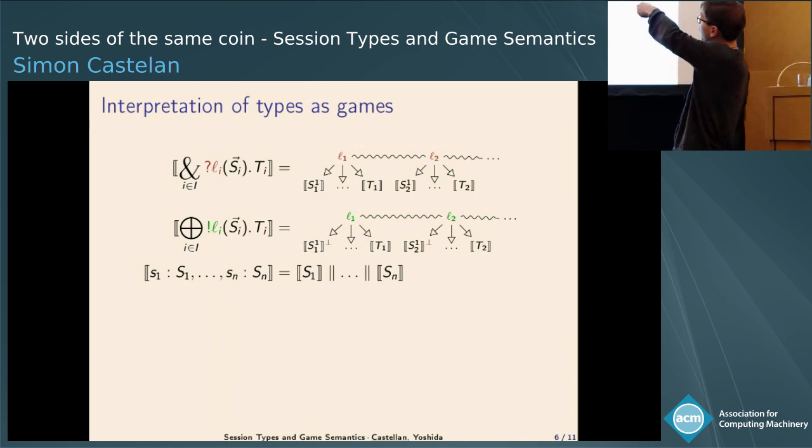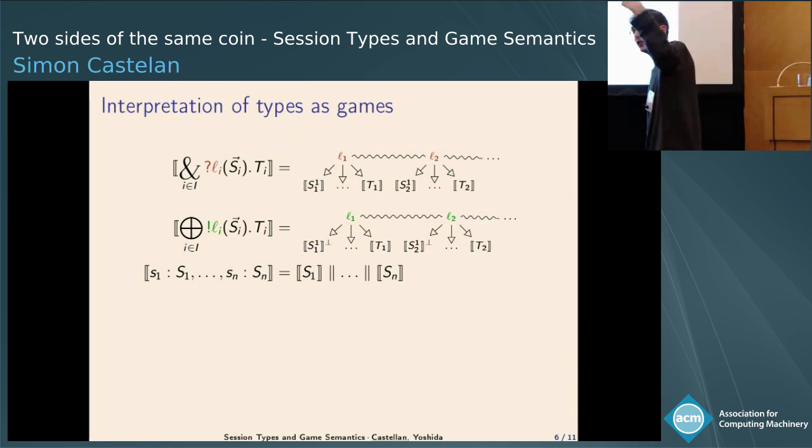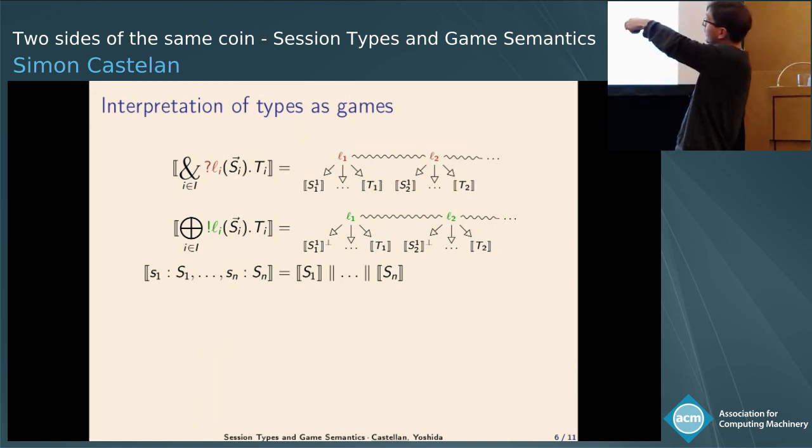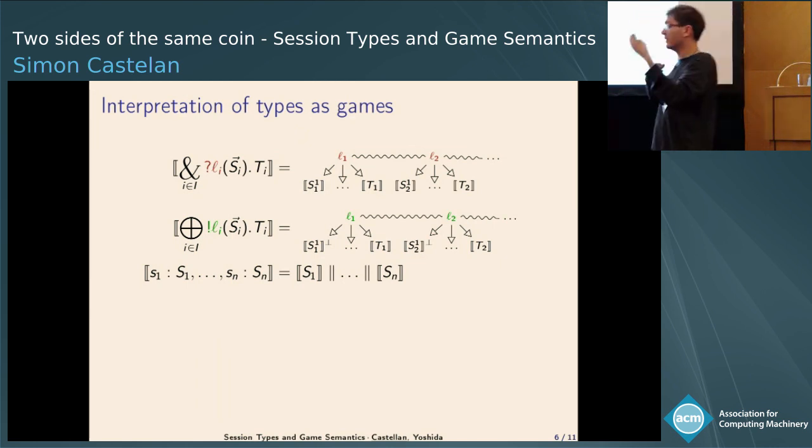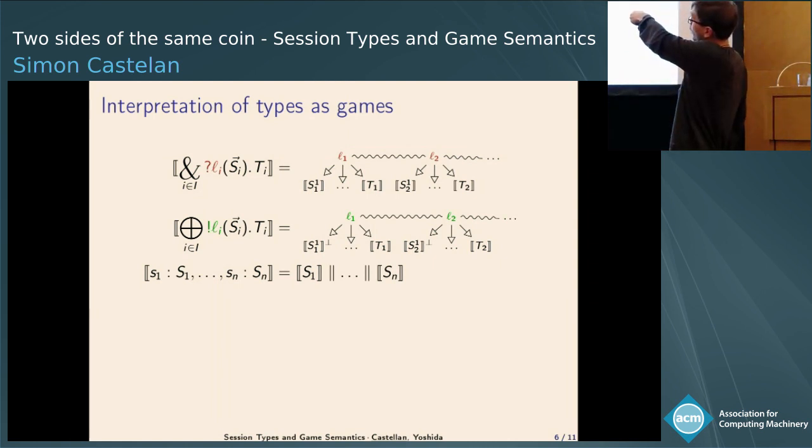And all of those moves are going to be in conflict because the server or the other party has to choose one. And then there are now new channels of communication because there are all of the Si and the Ti. And on those channels, communication can occur in any order. So actually, each of the Li will have one child per channel of communication. So the continuation T and all of the Si.